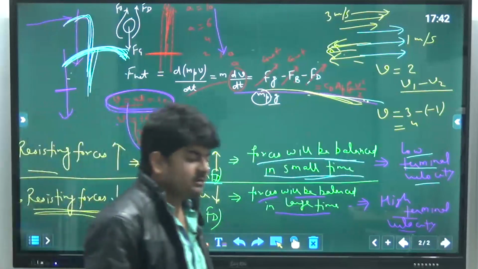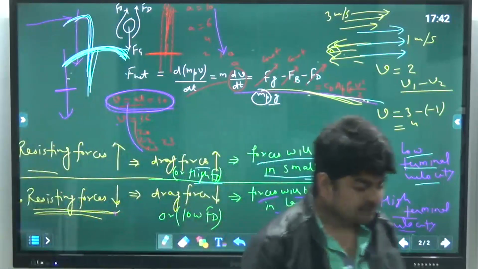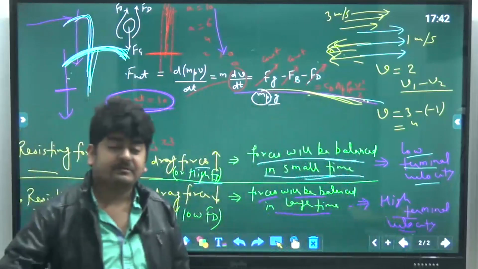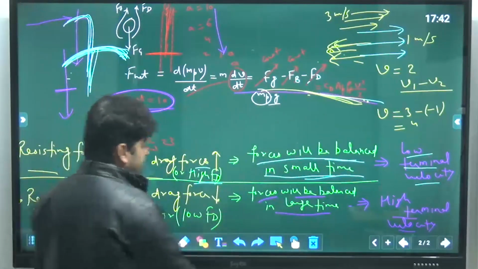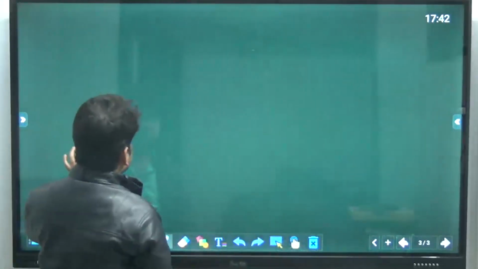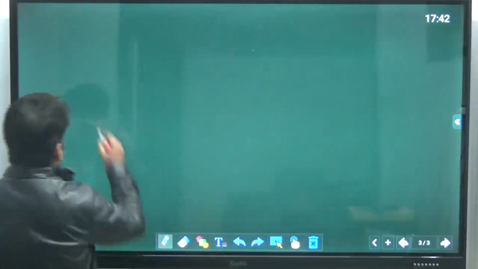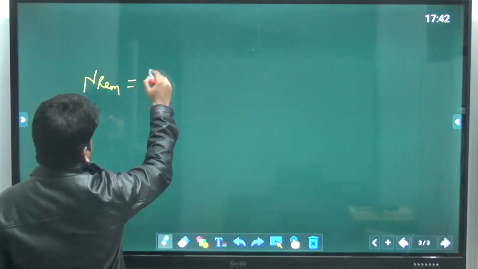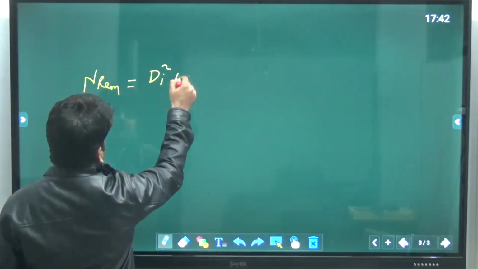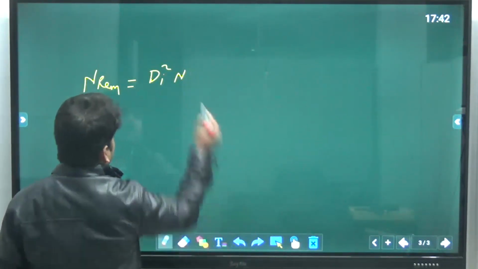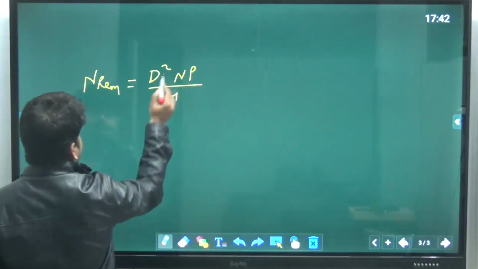We have one very common doubt: for mixing we were having a different Reynolds number. For mixing we had the Reynolds number of mixing, that was Di squared N rho over mu.